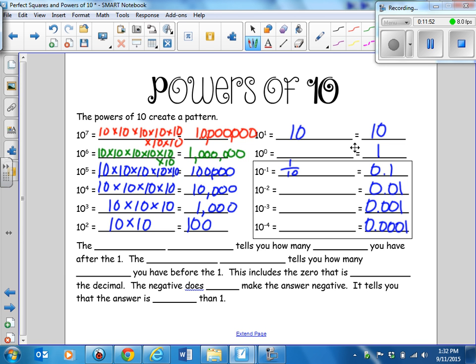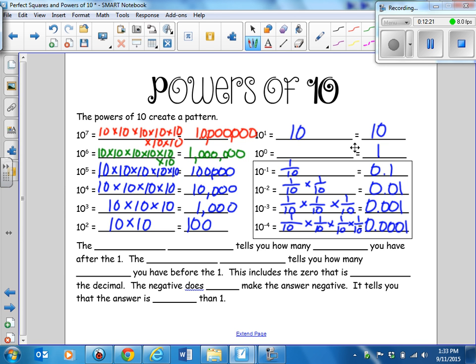All right, the next one is 1/100th, and we would get that by saying 1/10 times 1/10. The next one is 1/1000th, and we would get that by saying 1/10 times 1/10 times 1/10. And the last one would be 1/10,000th. So we'd get that by 1/10 times 1/10 times 1/10 times 1/10.